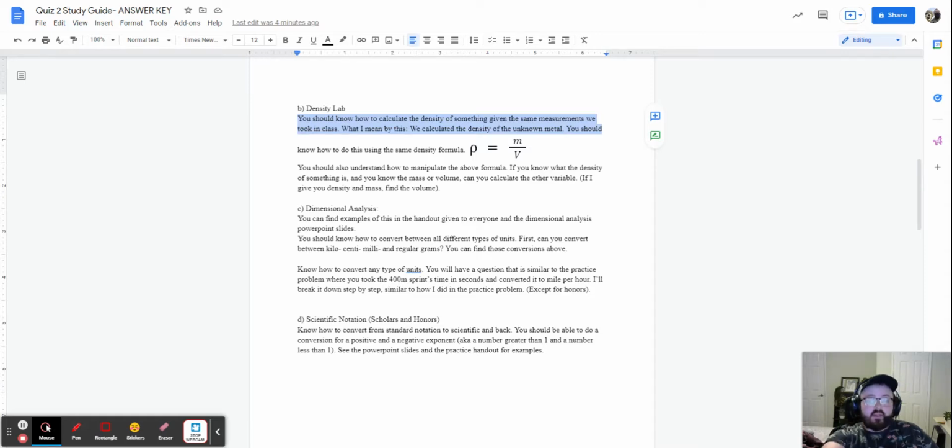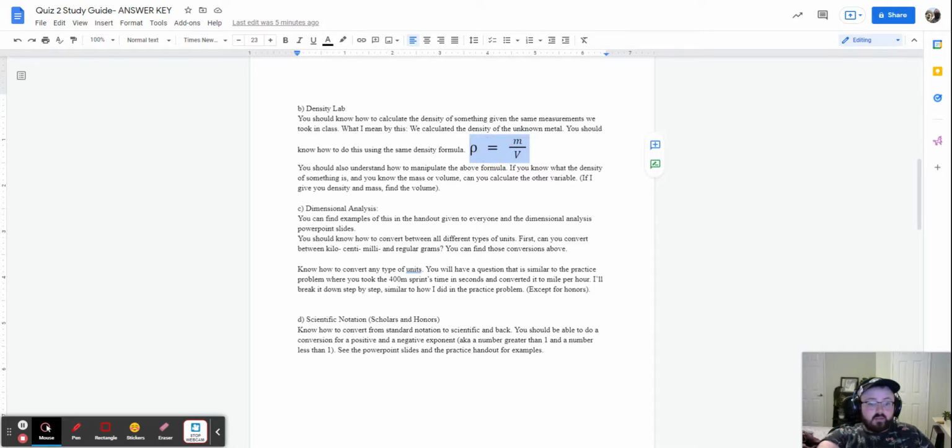With that information, you can calculate the density. We also took the graduated cylinder, got the volume, put in the metal, saw the volume go up, and then we can use that volume to also calculate the density. Knowing how to do those two steps is what I mean by calculating the density of this unknown metal.